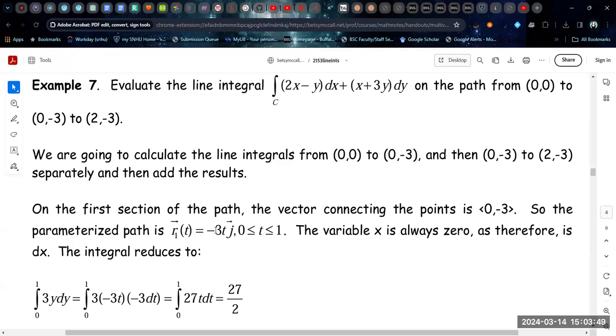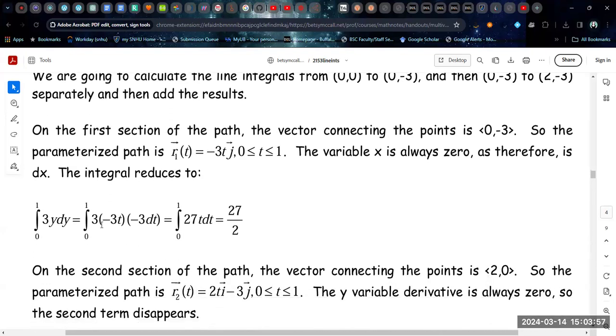And then the dy is the derivative of this, which is where the -3 dt comes from. And we're replacing y with the -3 in our expression. So we end up with 27t integrated from 0 to 1. And so you end up with 27/2.